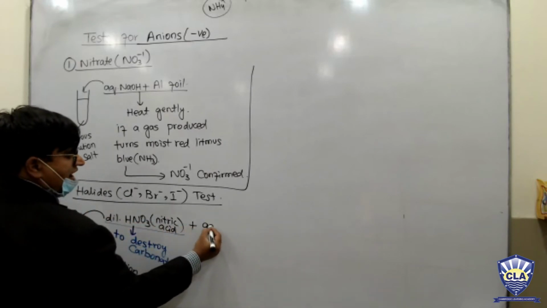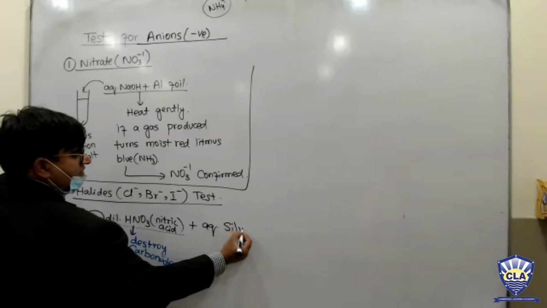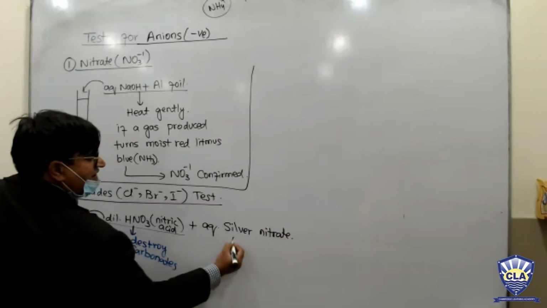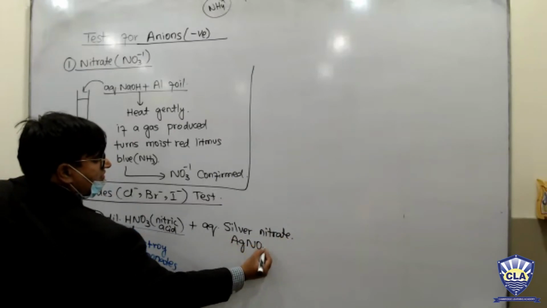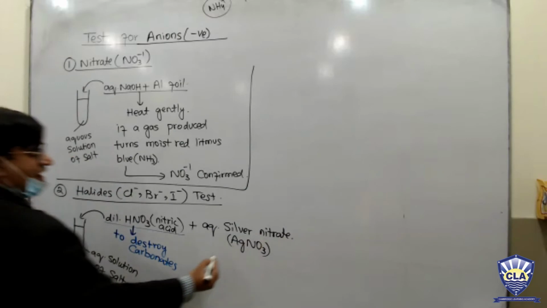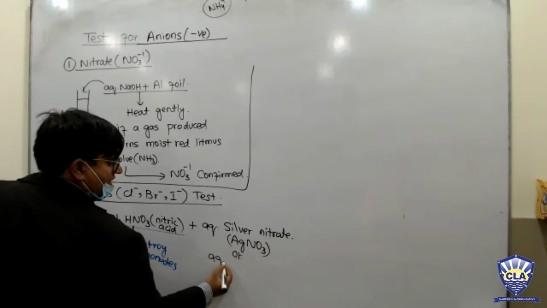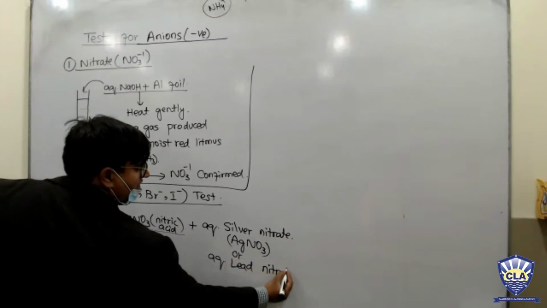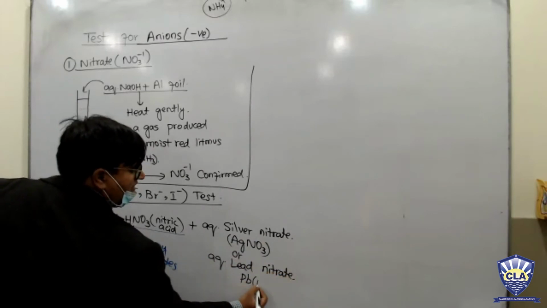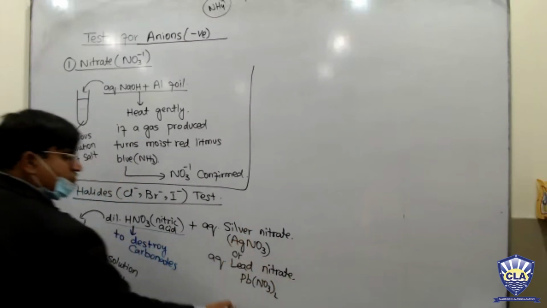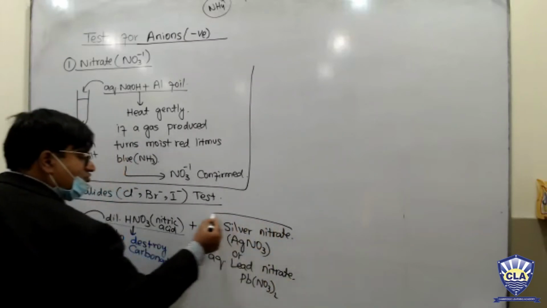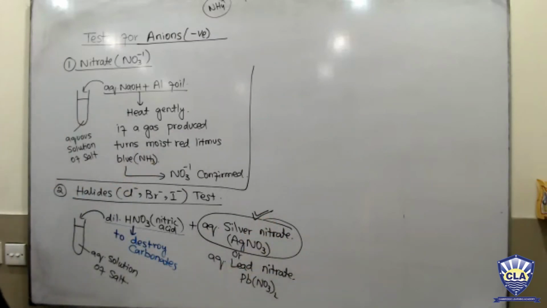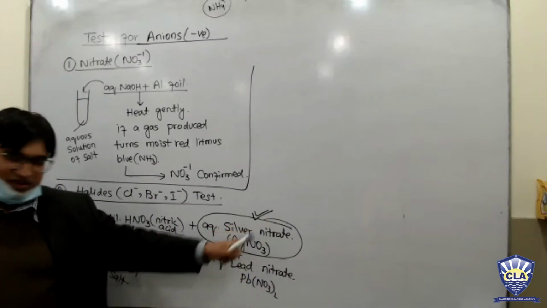The second thing you should add is aqueous silver nitrate. Silver nitrate is AgNO3. Or you could add aqueous lead nitrate, whose formula is Pb(NO3)2. You could add either, but I suggest you just remember silver nitrate and just use silver nitrate.